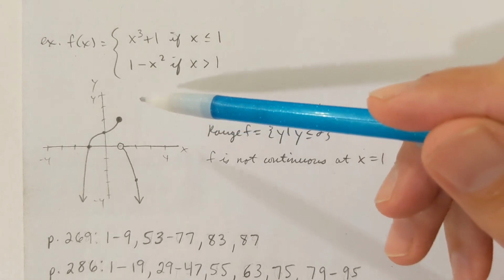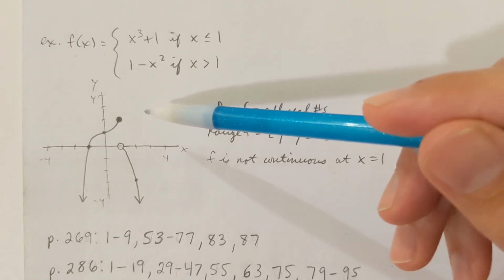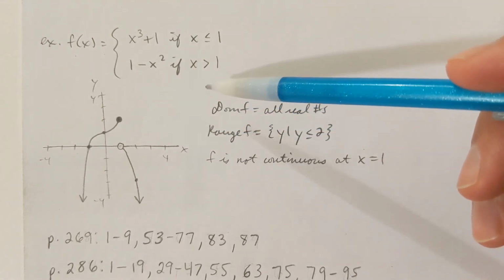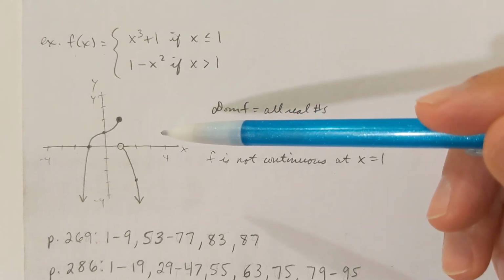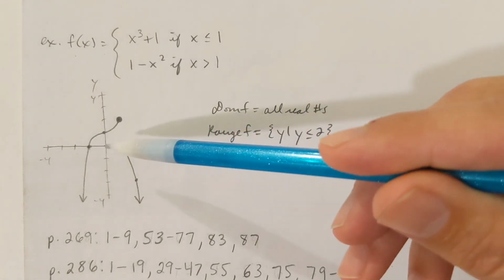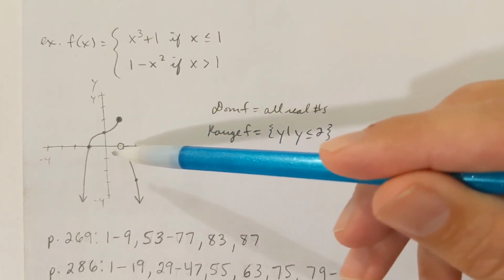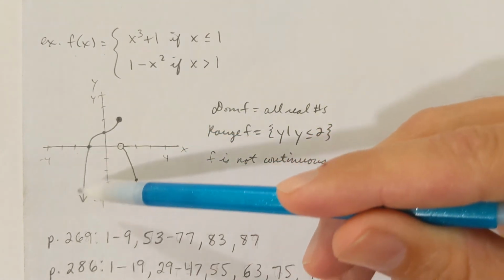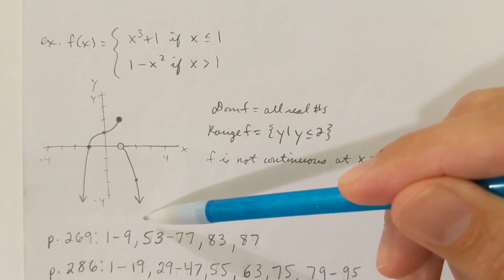Piece 2, y equals negative x squared plus 1, if x is greater than 1. Negative x squared means that I would flip the graph upside down, and the plus 1 means I'd shift up 1 unit. So I've got a parabola shifted up 1 unit and flipped upside down.